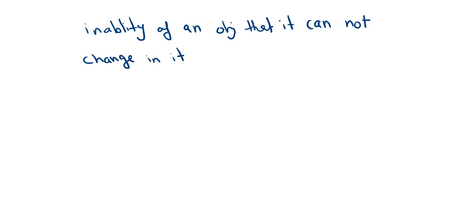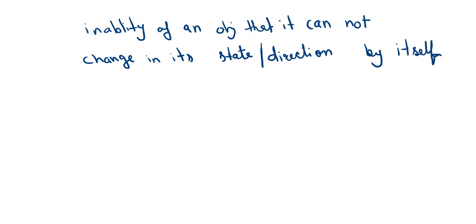The inability of an object to change its state or direction by itself is called inertia.